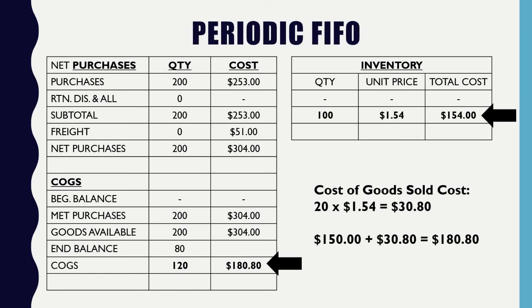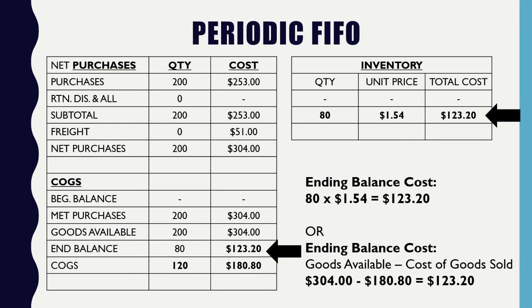We're going to take our 304 and subtract the 180.80, and that's going to get us 123.20. Close, David, you just forgot the cents.